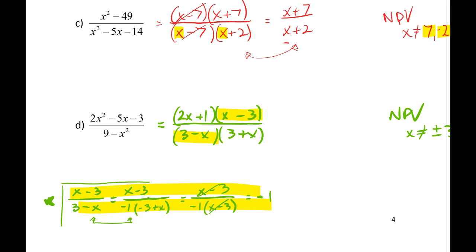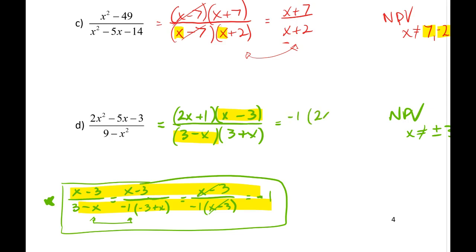Anytime you have two expressions, binomials, that just have the signs reversed, like this one, when you simplify, you end up with negative 1. Okay? So, here's my negative 1, and I'm left with 2x plus 1 over 3 plus x.